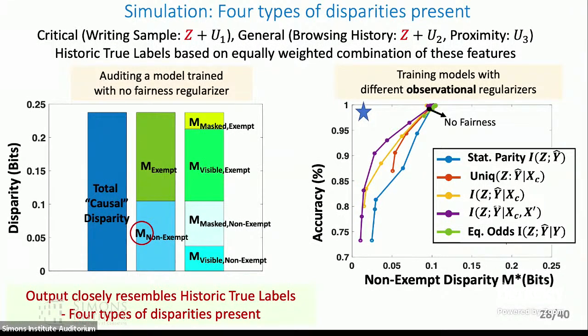This is the actual causal measure of non-exempt disparity, and we are seeing how well these observational regularizers are able to reduce that. And again, for computing them in practice, I've used a lot of approximations. I've approximated them using correlations and made some Gaussian assumptions. But there's potential for even improving the estimators for these quantities.